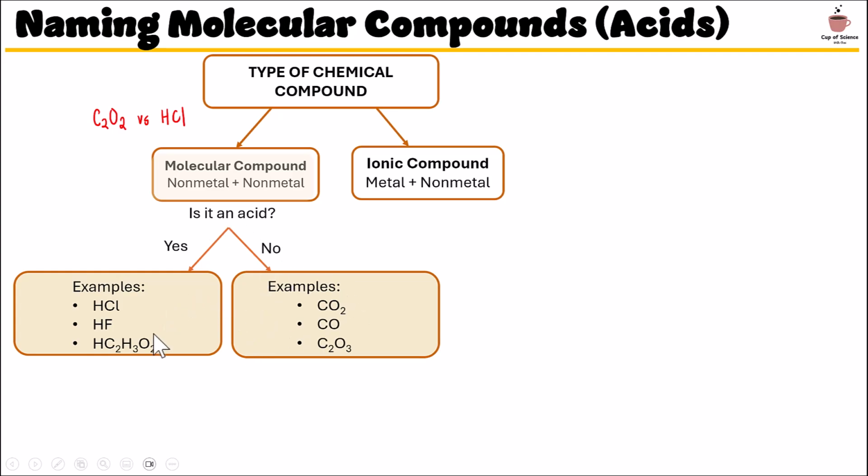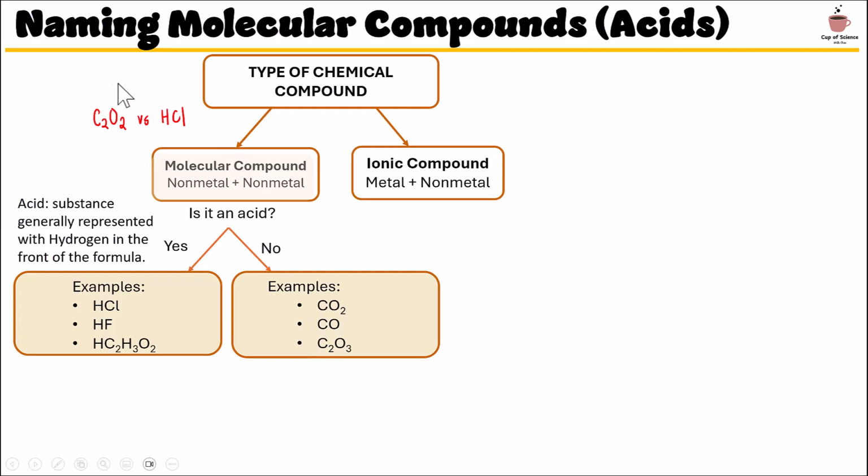The difference between this one and this one is the hydrogen. If it is an acid, then you will generally see the hydrogen in the front of the chemical formula. Whether the hydrogen is in the back over here, it doesn't matter. There should be at least one hydrogen in the front. In this example, there's no hydrogen in the front, so this is not an acid.